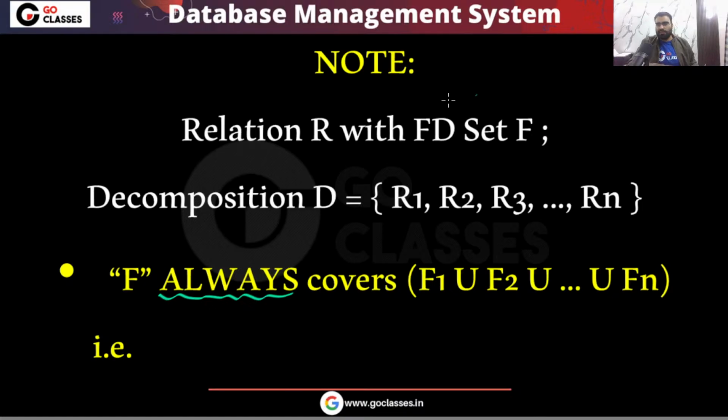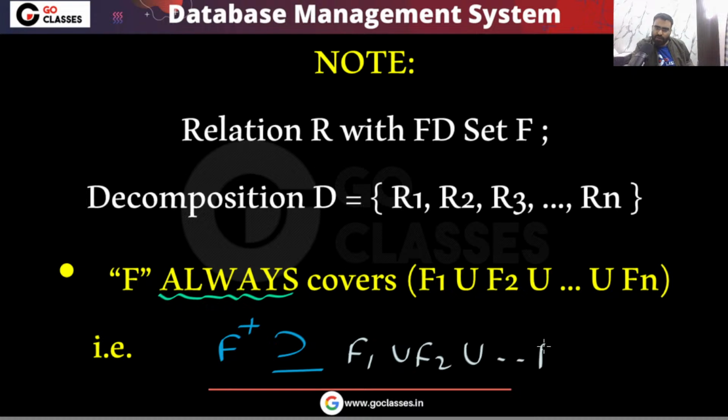So basically it simply means that this F closure will be a superset of F1 union F2 union Fn closure. So this equation will always be true.